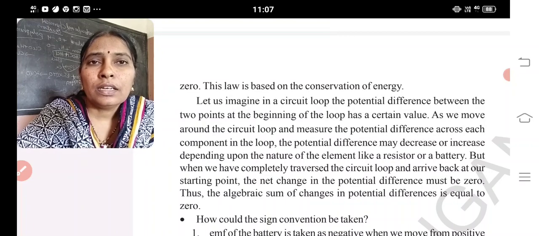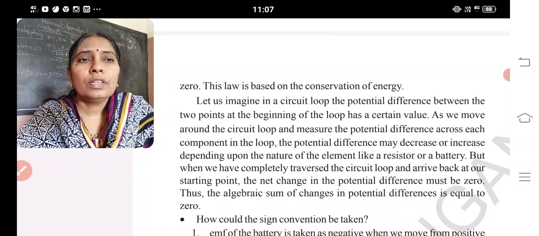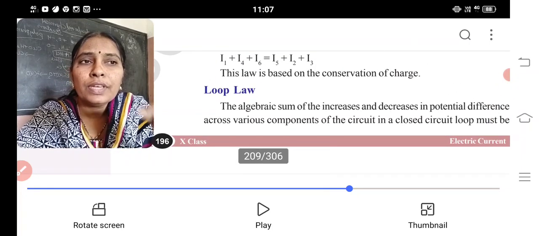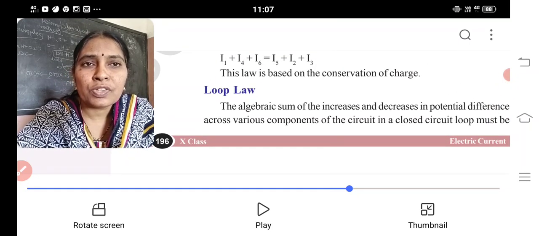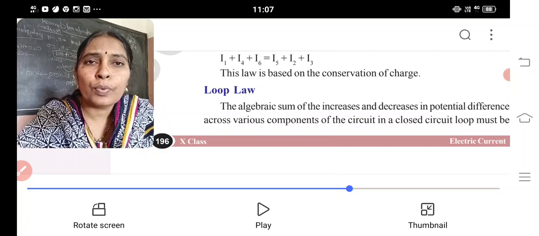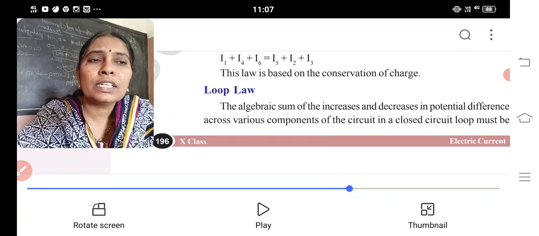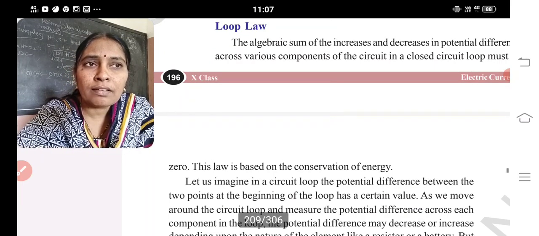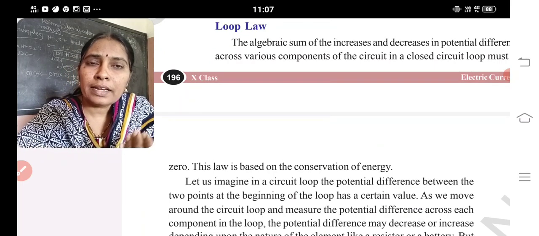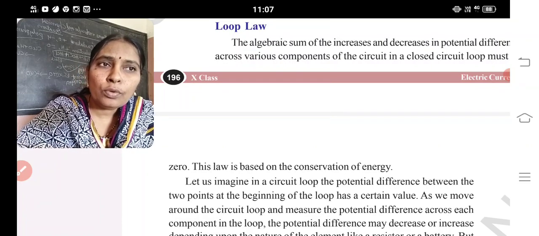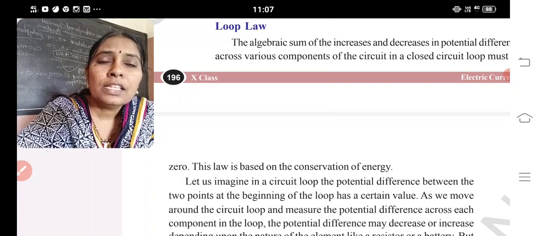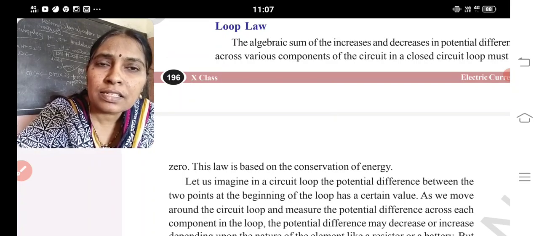Okay, children. Now, the algebraic sum of increase and decrease in the potential across the various components in a circuit in a closed loop must be 0. There may be an increase in potential difference and maybe a decrease. But if you make it a sum, you should get 0. It means neither is it increasing nor decreasing.